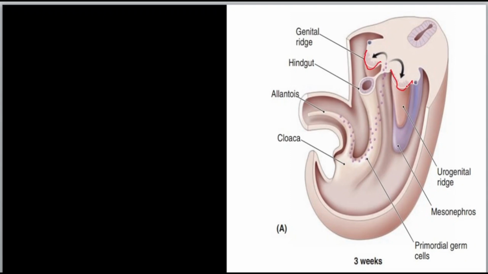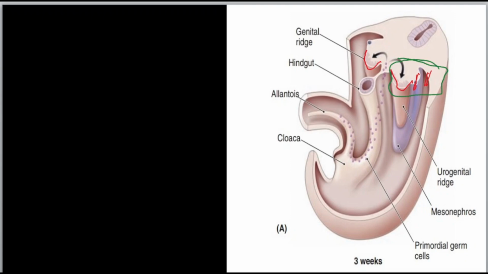It lies medial to the mesonephric ridge, and the gonadal ridge appears initially as a pair of longitudinal ridges, lying just medial to the mesonephric duct. The mesonephric duct remains, and the paramesonephric duct remains lateral to the mesonephric duct, and this whole area is known as the mesonephric ridge.